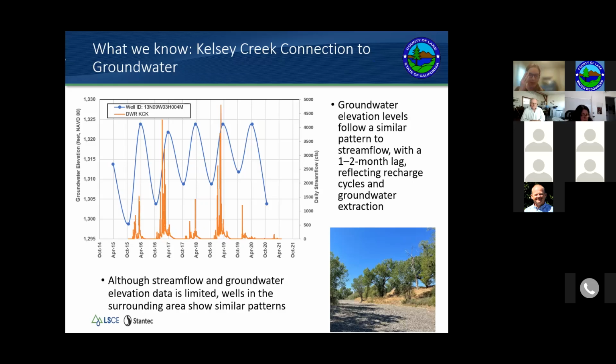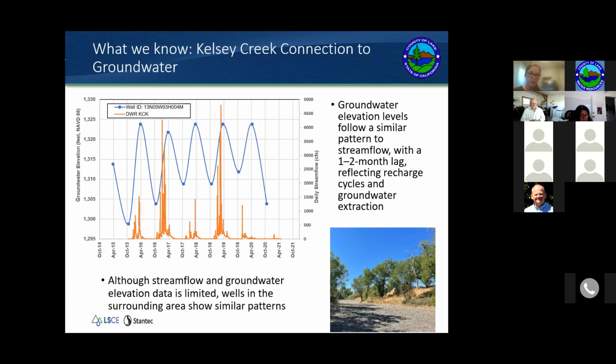This pattern, the highs and lows seasonally, reflects groundwater extraction in the basin for irrigation demand or municipal use, as well as the recharge cycles at the Kelsey Creek detention structure.